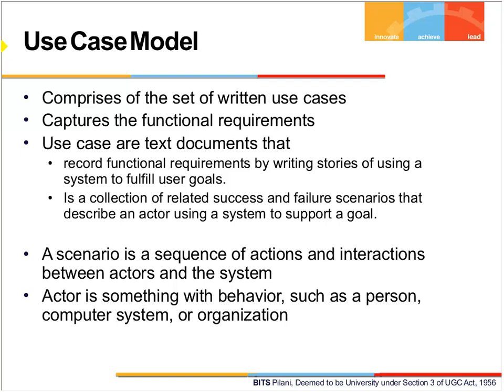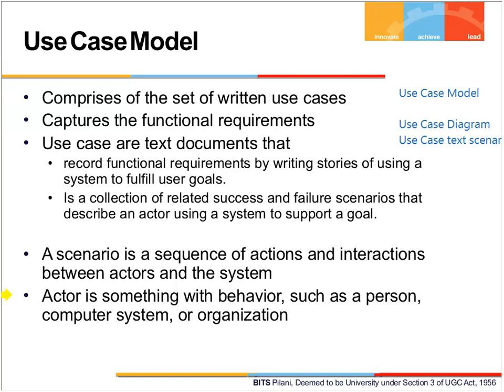So your use case model comprises of a set of written use cases, which are text documents which explain the functional requirements and are written in the form of stories. A use case is being used by an actor.